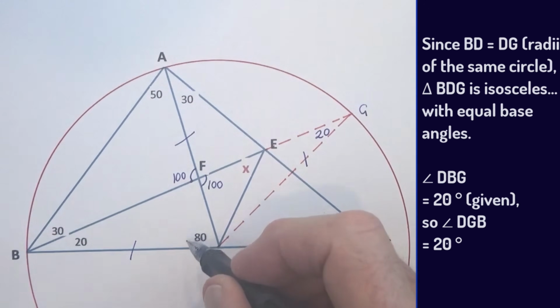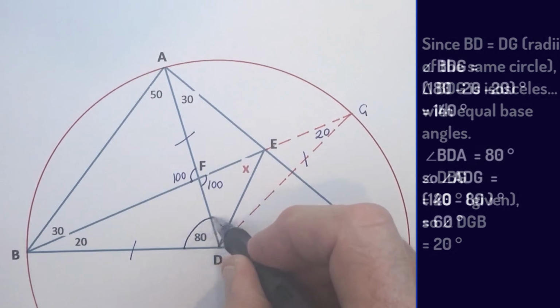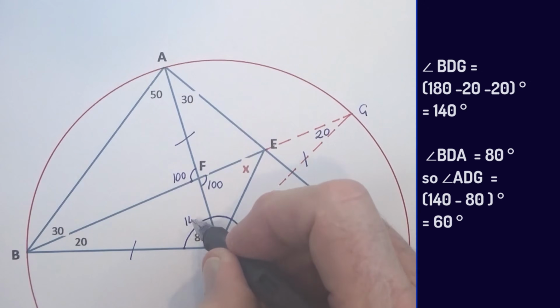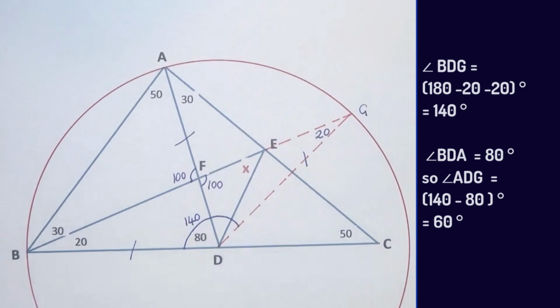Now the obtuse angle in the middle of that triangle will be 180 minus 20 minus 20, which is 140 degrees.